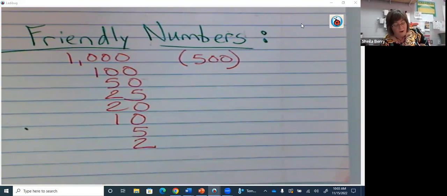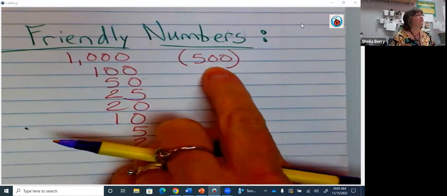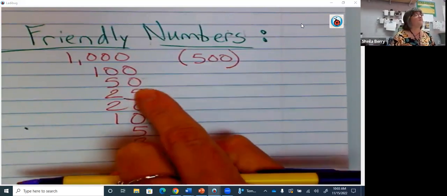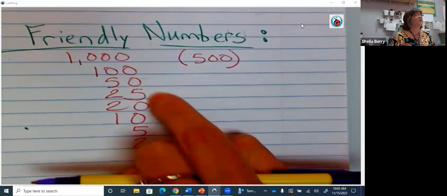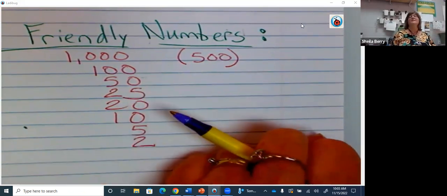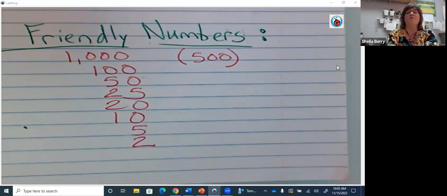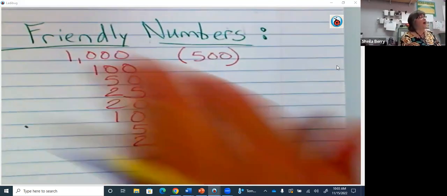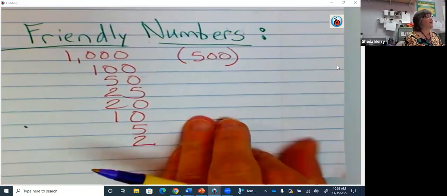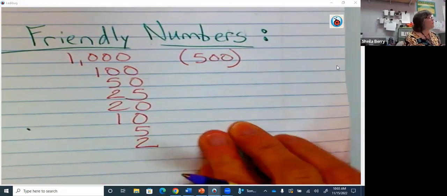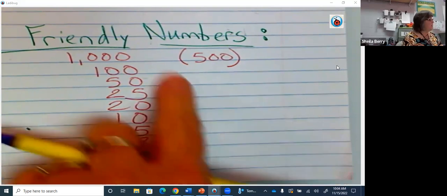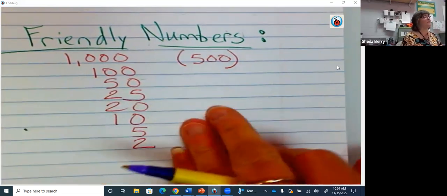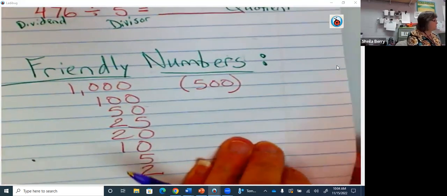So that is where, again, if you can skip count by 500s, that's going to make it that much easier. If you can count by 50s and 25s, those are going to be easier to do. So when we have more friendly numbers, you've got more options to get to that answer quicker. Remember, when we divide, we want to get the biggest possible one, so we have the least number of steps.